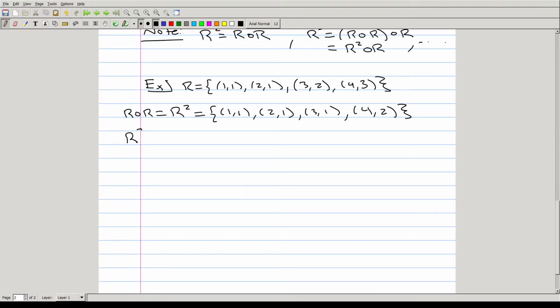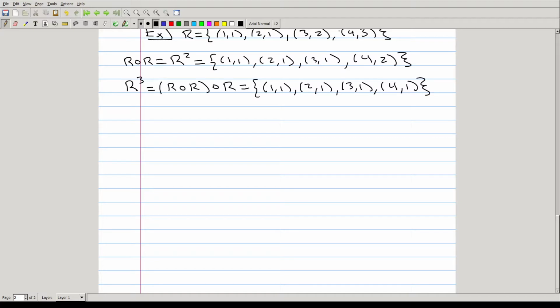If we do this again for R cubed, where we take R squared and compose it with R, you end up getting (1,1), (2,1), (3,1), and lastly (4,1).